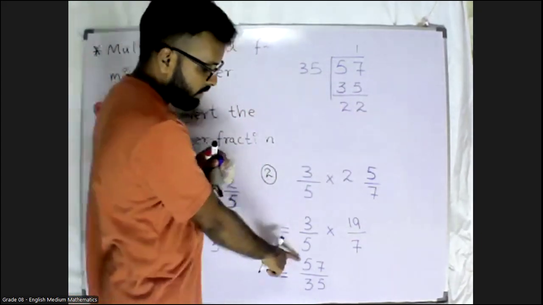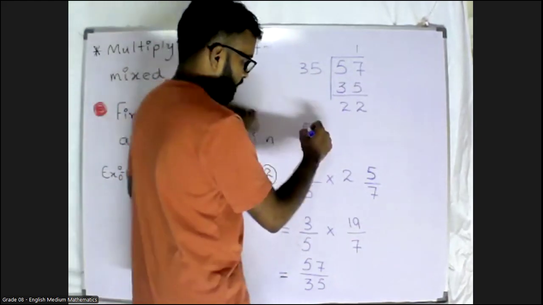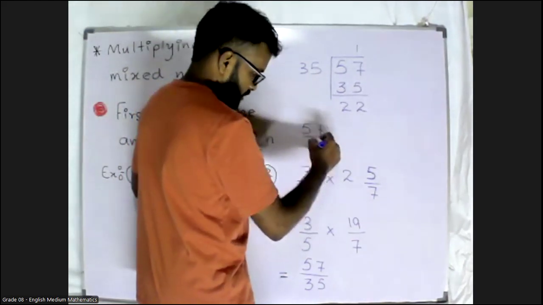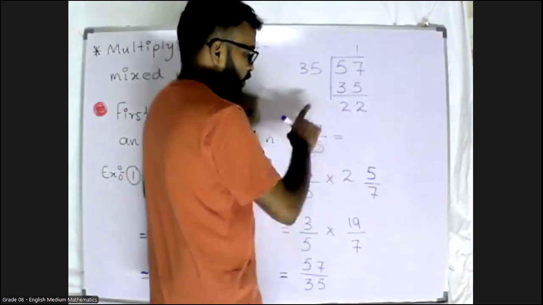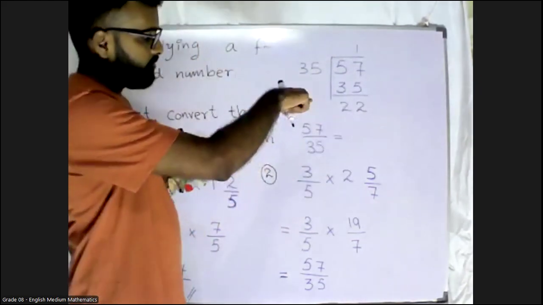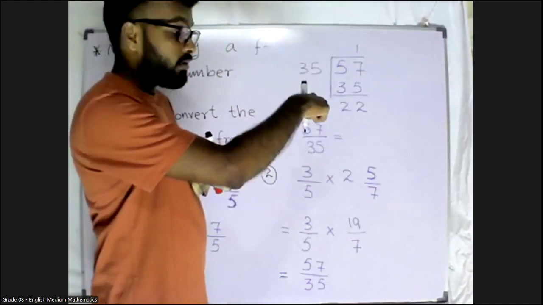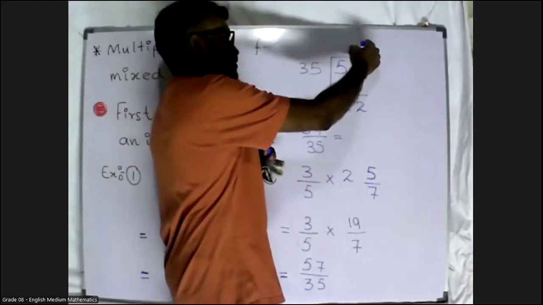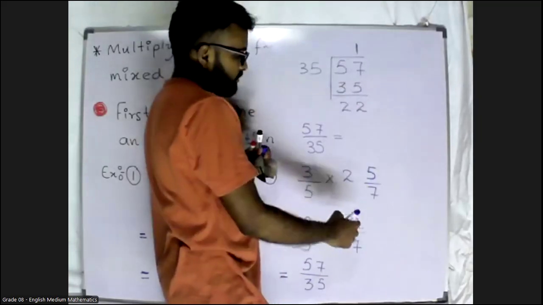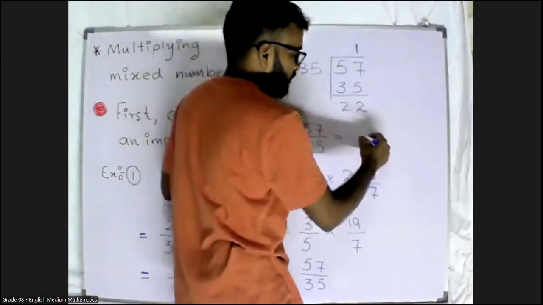So you are going to write this 57 over 35. This is an improper fraction, and you are going to write it as a mixed number. So this is the way that you are going to use. The denominator is 35. It doesn't change.